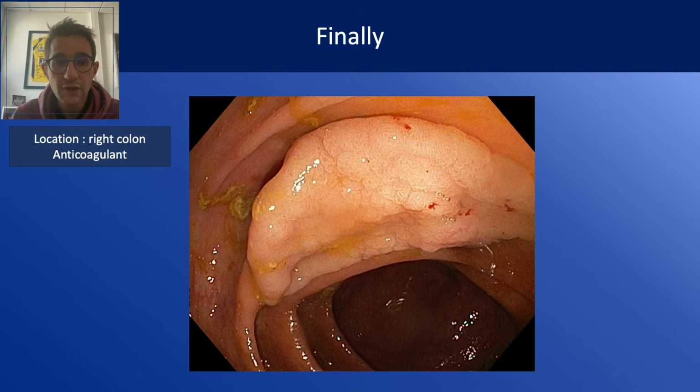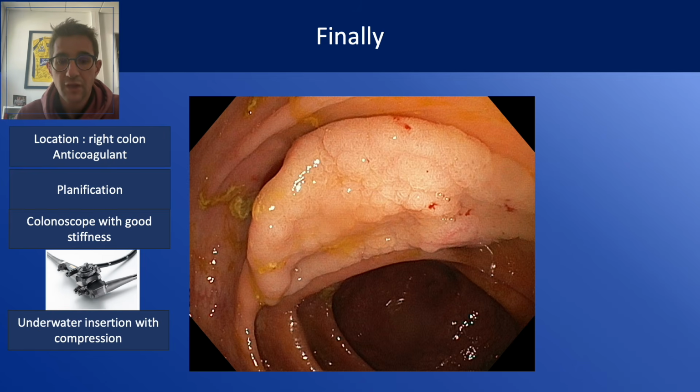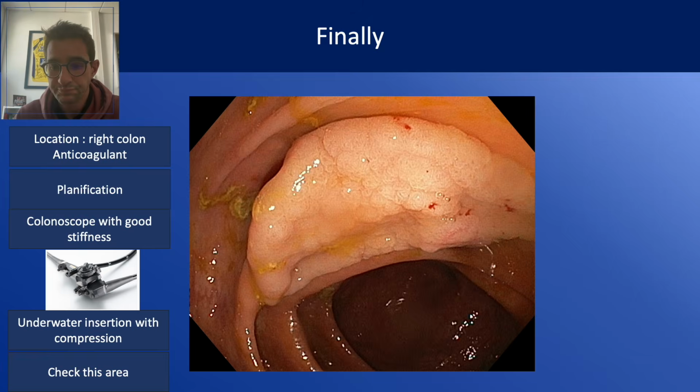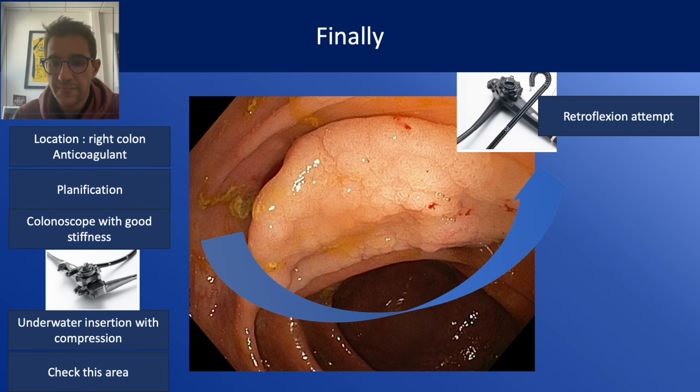So finally, it was a lesion of the right colon with anticoagulant. We chose a colonoscope with good stiffness to be relatively well placed and with a good maneuverability in the right colon. We did underwater insertion with compression. We checked this area of connect to C lesion. We had a good retroflexion, but finally we preferred to work on direct viewing with an oral edge injection.